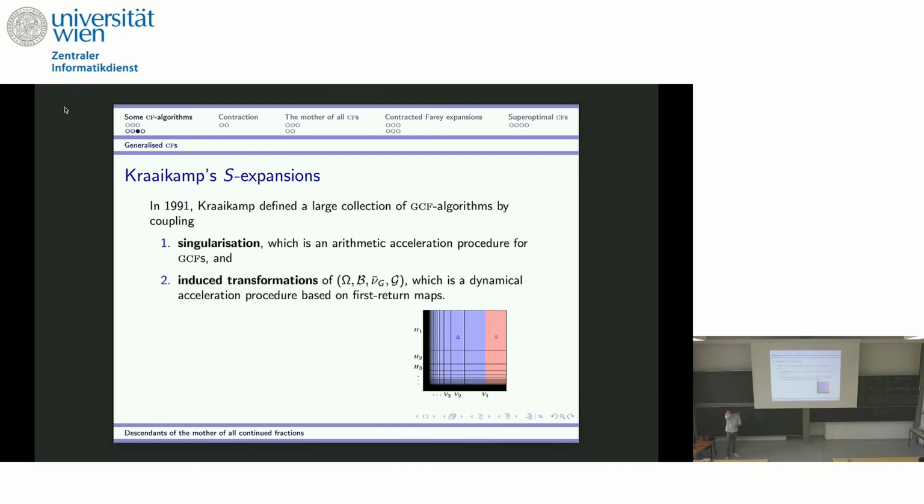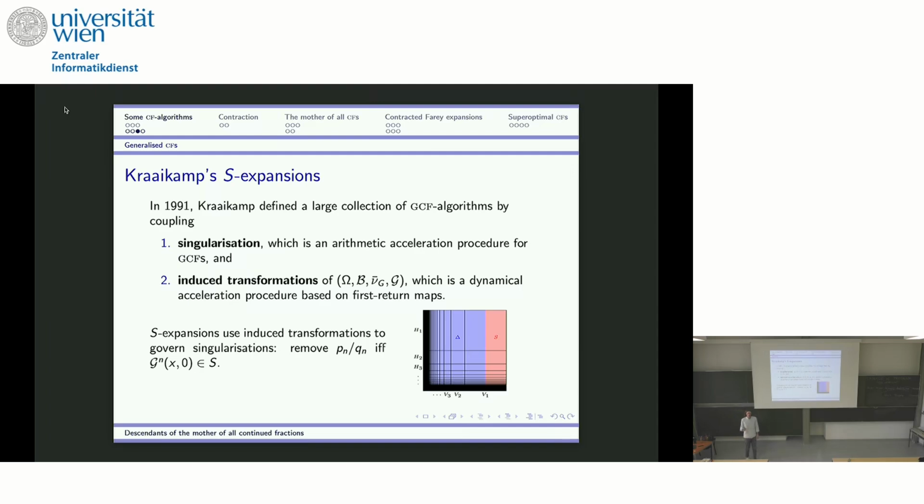The second acceleration technique is induced transformations of the natural extension of the Gauss map that we saw before. So you basically fix some nice measurable subset of the domain, in this case delta, and look at the first return map to the subset delta, and just focus on the dynamics restricted to this subset. So you're accelerating things with this induced system. And the S-expansions use induced transformations to govern singularizations.